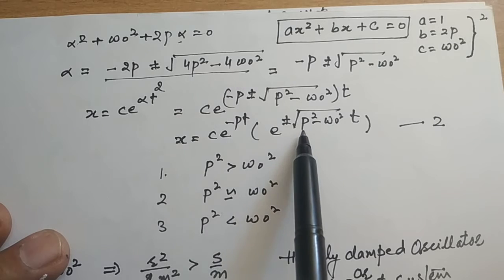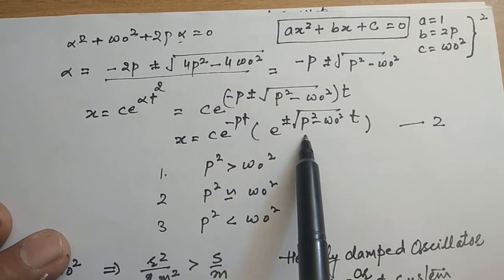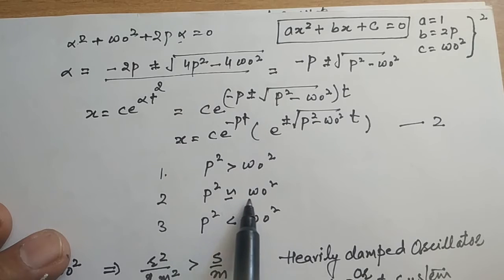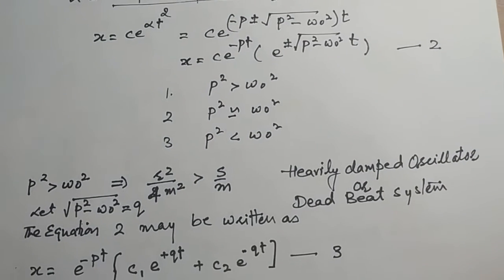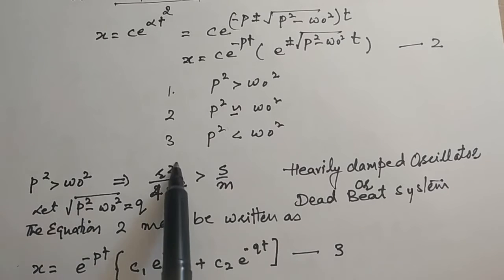One, when p square is greater than omega naught square. Another, when p square is equal to omega naught square. Third case, when p square is less than omega naught square. So we will take all these 3 cases. The first case, when p square is greater than omega naught square, here p is the damping factor, that is the damping force.